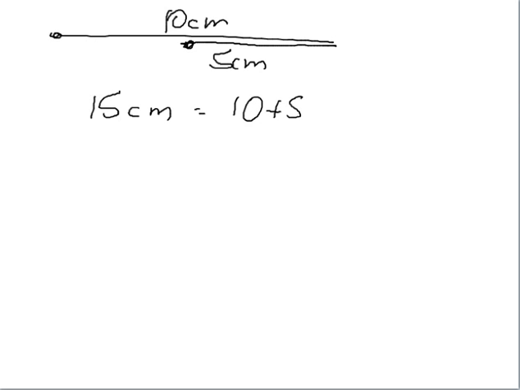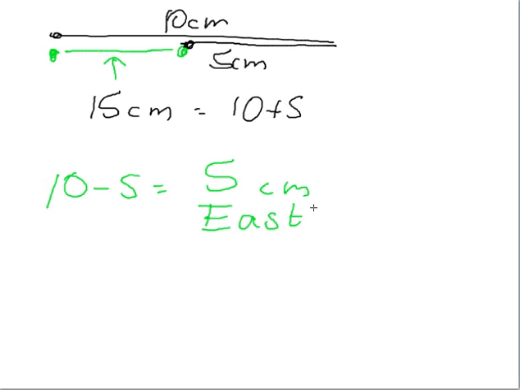But what is the displacement? Displacement is from the starting point to the end point. What is this distance right here? Something plus 5 is 10. 10 minus 5 equals 5 centimeters. And what is the direction of his direct route? If he went from here to here directly, what direction did he move? He moved to the east, to the right. So that is our answer for displacement.